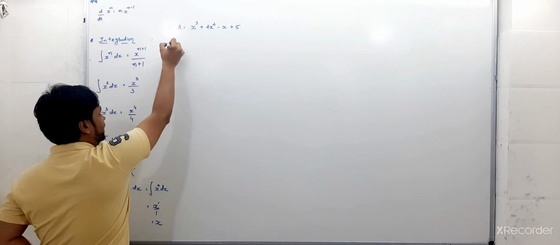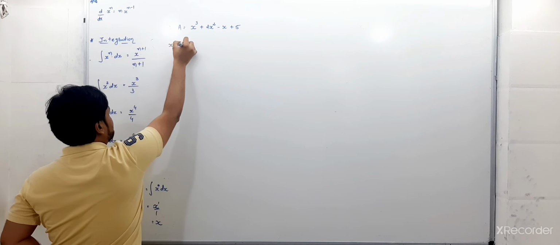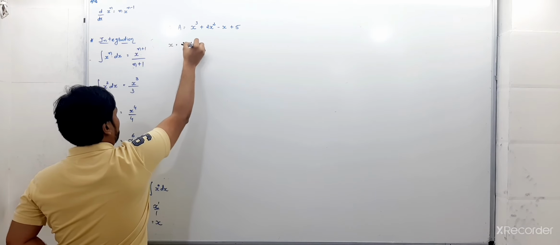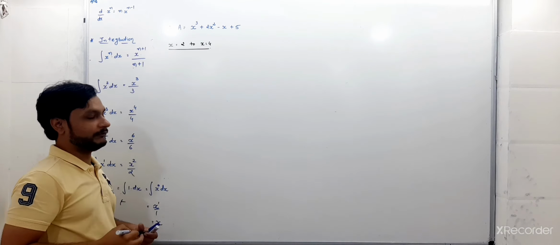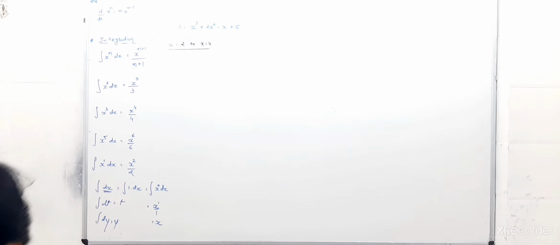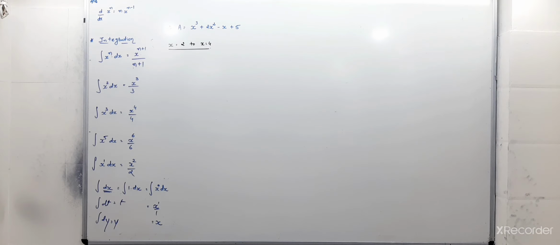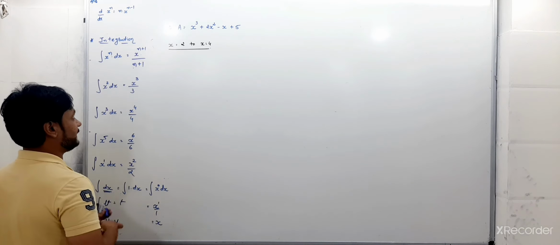We want to find out the answer from x equals 2 to x equals 4 unit. Okay, we will find the answer in between the values of 2 to 4. Then now we have to integrate this.